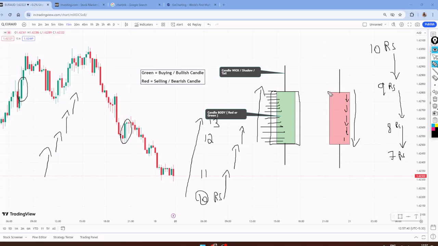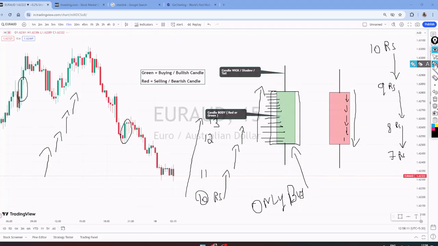In this body portion, what is happening? Buyers are buying if it is a green candle. If it is a red candle, sellers are selling. In a nutshell, I can say within the body only buyers are present in the body of the candle.